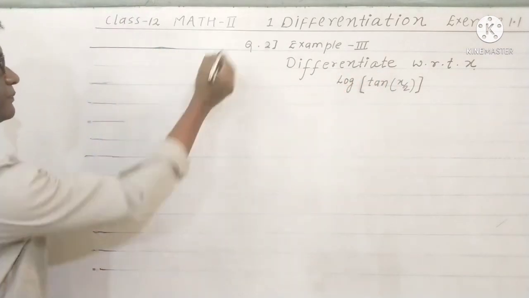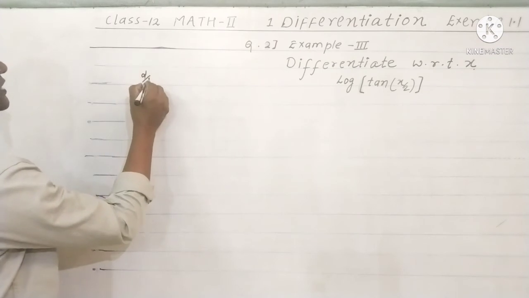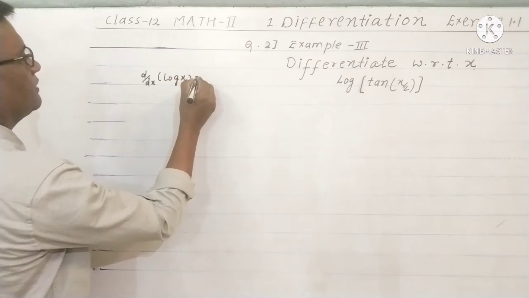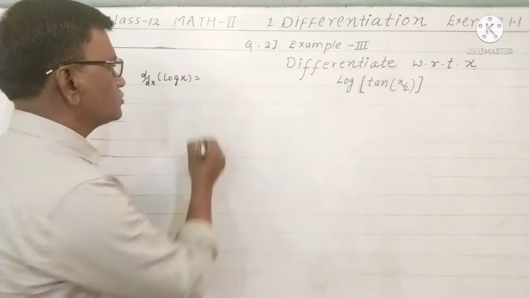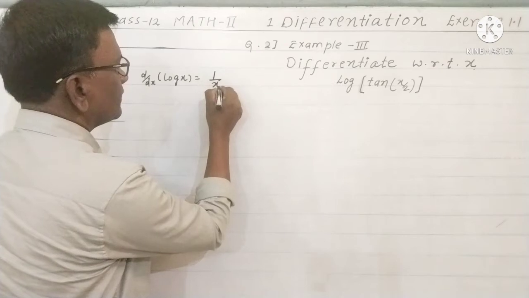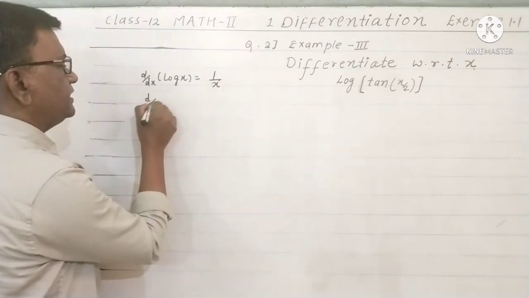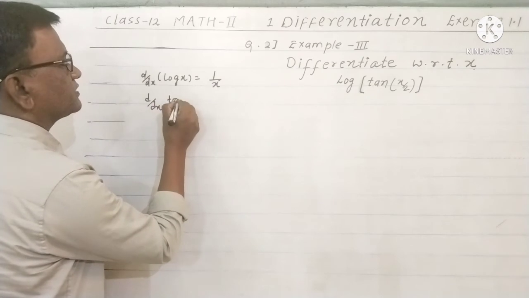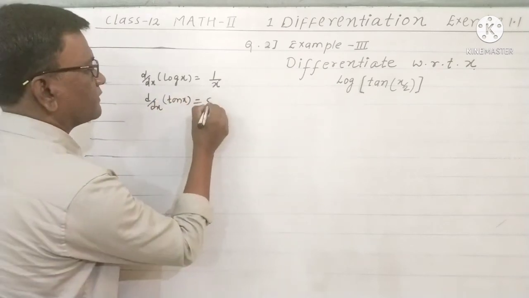First formula: d by dx of log x. We have one formula, the derivative of log x is equal to 1 by x. Or d by dx of tan x: the derivative of tan x is sec square x.